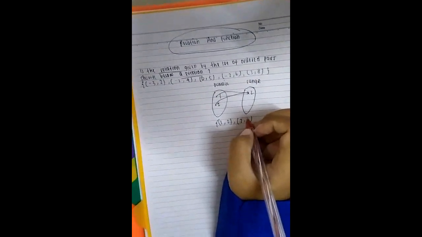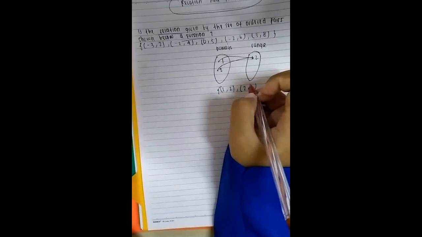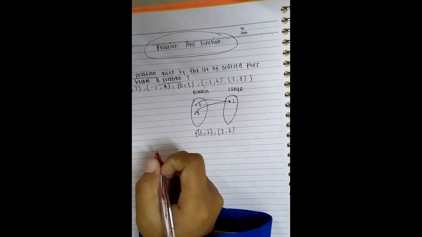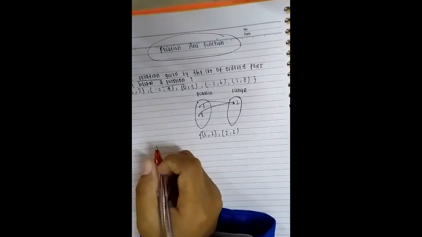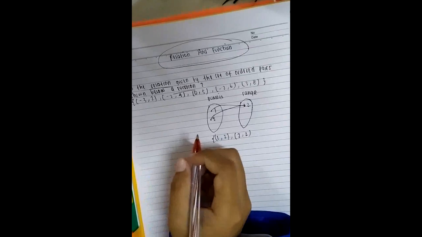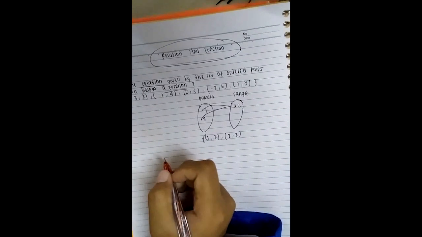Notice I'm just building a bunch of associations. I could visually draw them over here, but here I'm just doing them as ordered pairs.